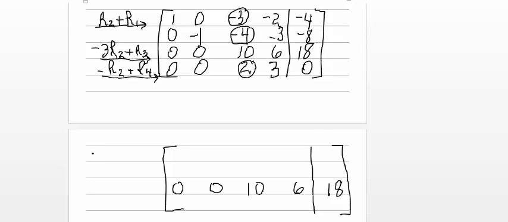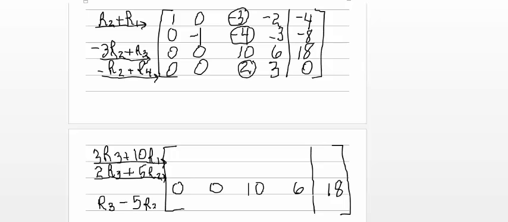So I am going to multiply 10 times row 1 and add that to 3 times row 3. 5 times row 2 will be added to 2 times row 3.